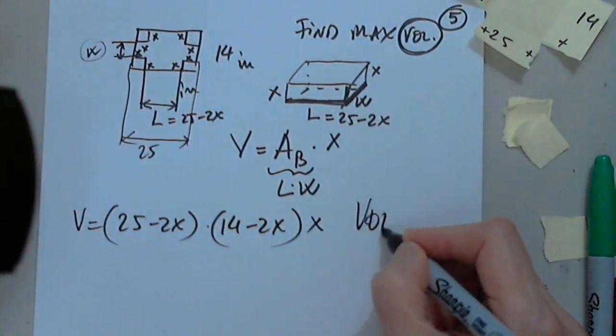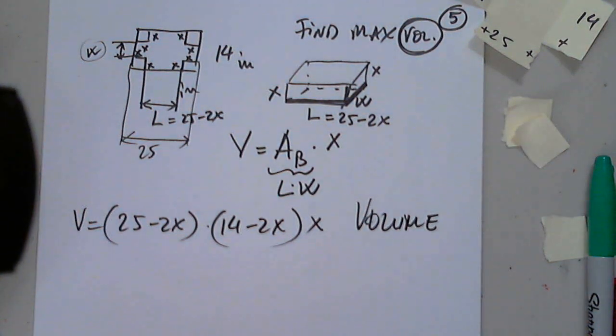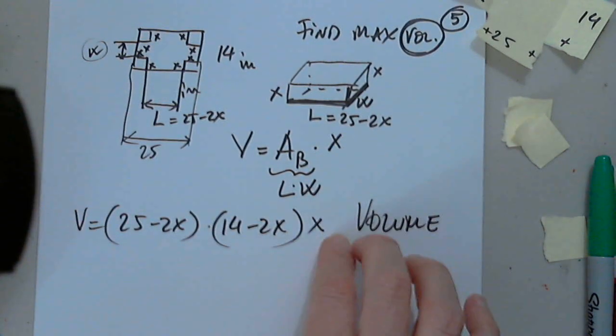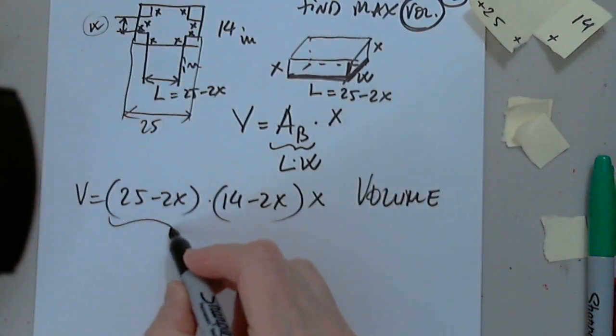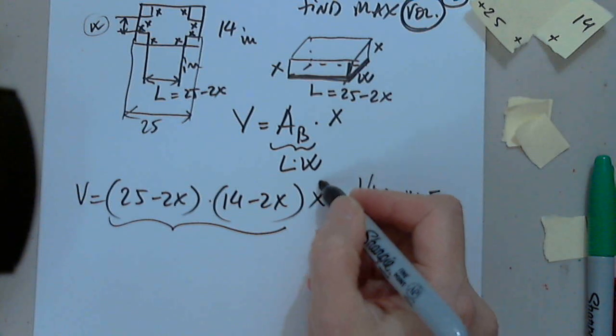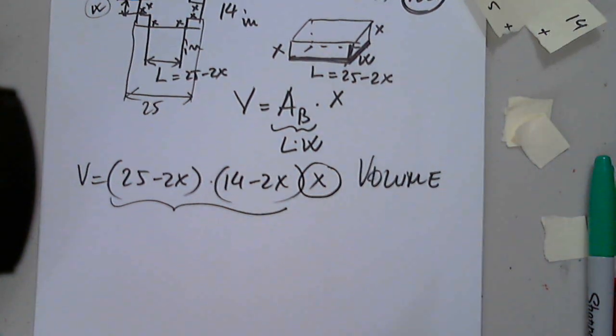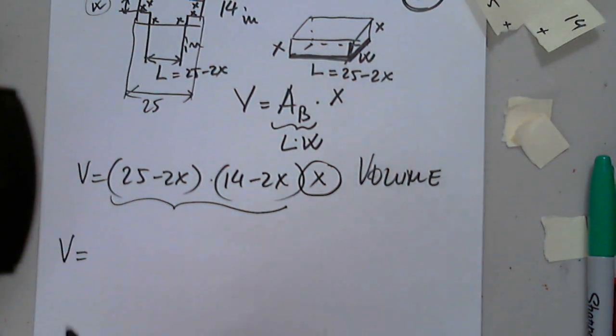So this is the volume of the box. Good. So next step, I need to multiply all these. I always recommend multiplying these two first, and then at the end distributing x. So then the volume is indeed a function of x. Now I can for sure write that. It's a function of x.